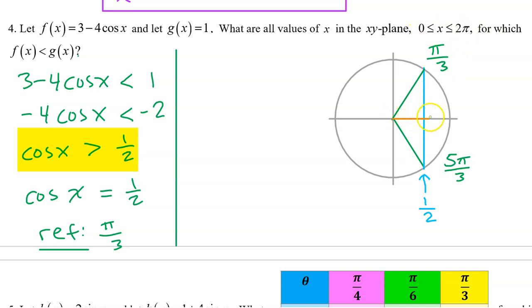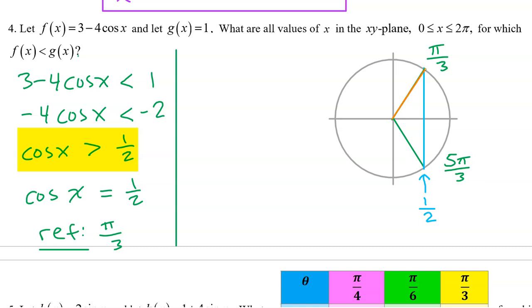So beginning the rotation at 0, we ask ourselves, is this a solution? We want the horizontal displacement to be greater than 1/2. We are further to the right than 1/2, so 0 is a solution. And we continue to have solutions. We continue to be to the right of the blue line as we rotate until we get to pi over 3.